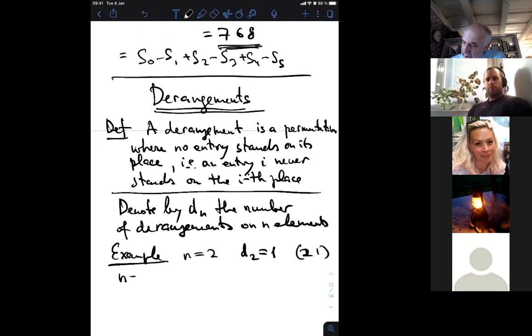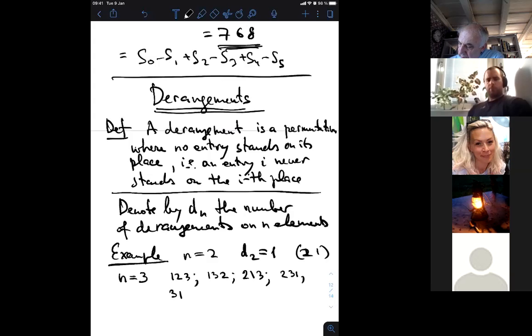So let's take n equals 3. We have 1, 2, 3, 1, 3, 2. Then we have 2, 1, 3. So it should be 6 of them. Yes, 2, 3, 1.